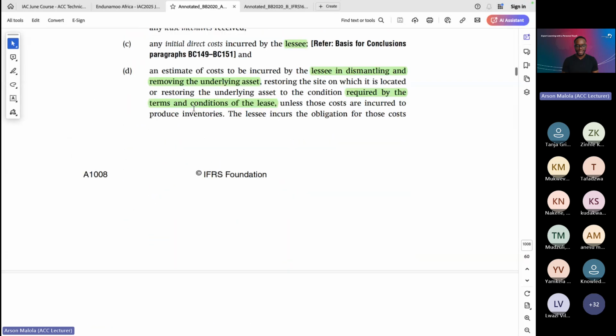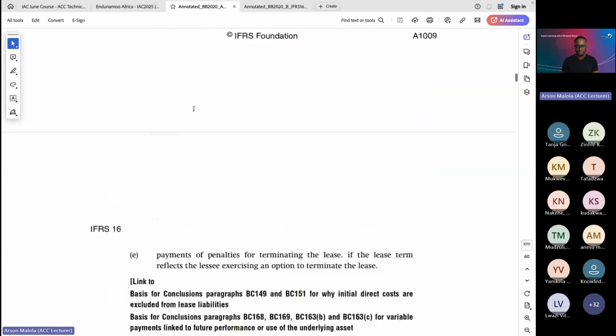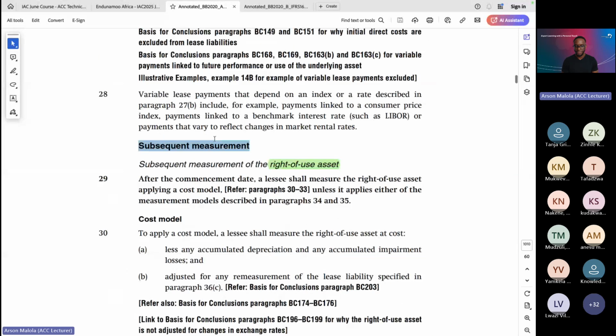So if you go and discuss things that deal with subsequent measurement, you are wasting your time. So it's important to understand what sits in what section of the accounting standard.